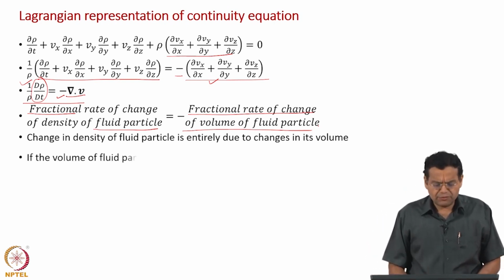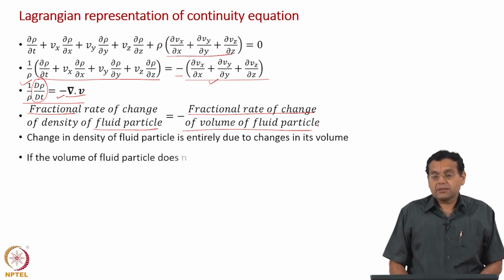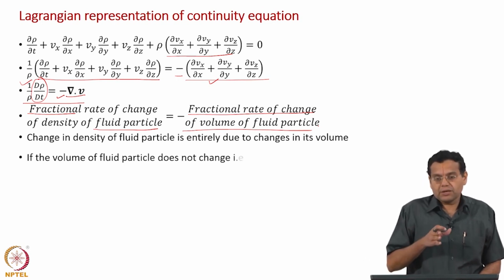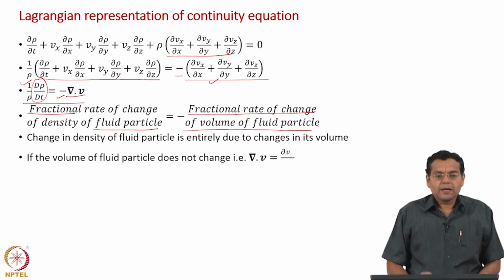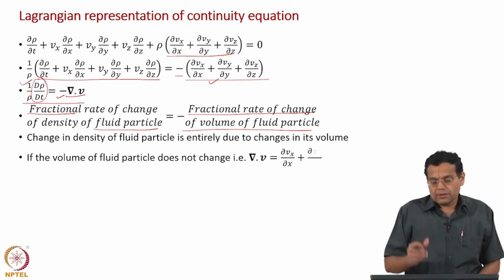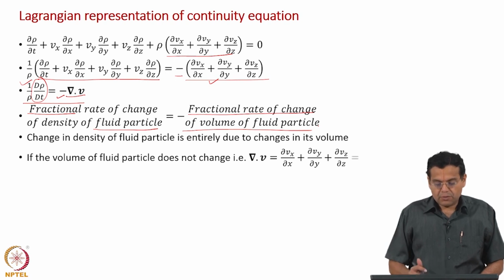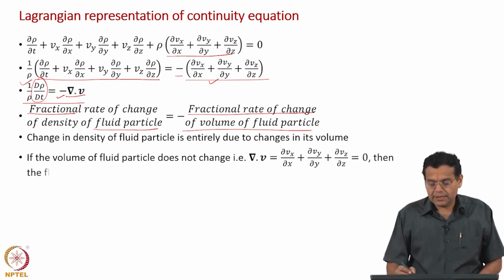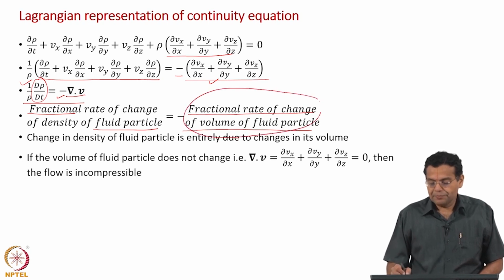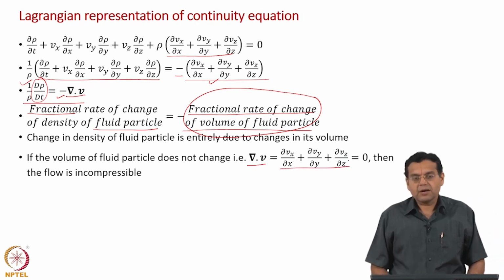Now, if the volume of a fluid particle does not change, what does it mean? You are tracking the fluid particle and its volume does not change. What can we conclude? If you look at the right hand side, the fractional rate of change of volume, which is del dot V, the sum of these three velocity gradients, is equal to 0.